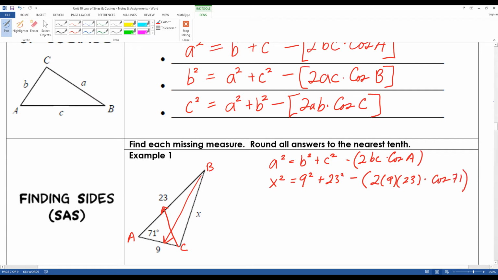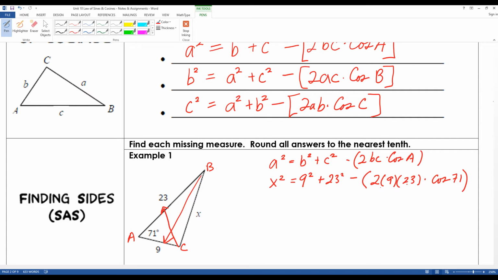So now it just gives us a bunch of calculator work. I'm going to do this parentheses business first. Do the cosine of 71, get that number, times it by 2 times 9 times 23. I'm pulling out my calculator now. Make sure I'm in degree mode because my angle's in degrees.